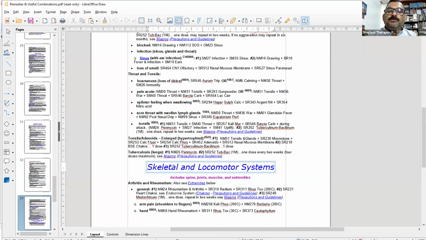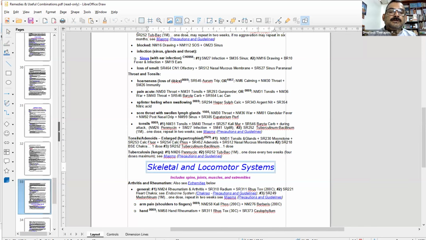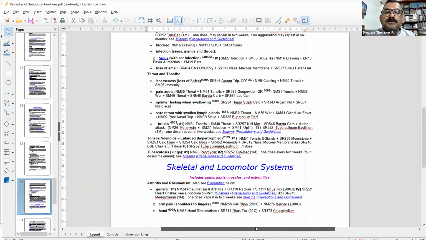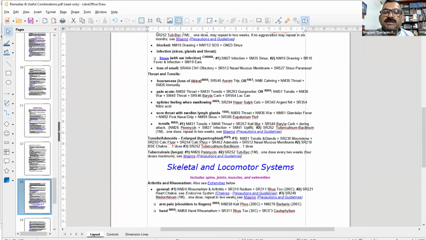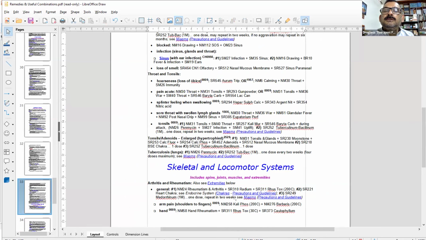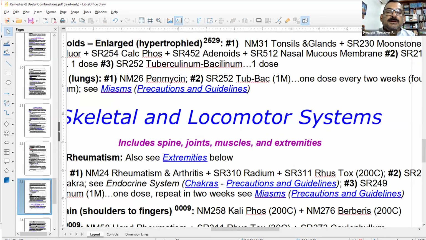Skeletal locomotor system. Screen sharing is on. So here we see the skeletal muscle locomotor system, which includes spine, joint, muscle, and extremities.